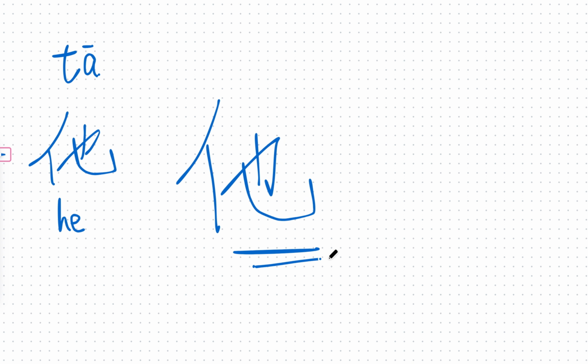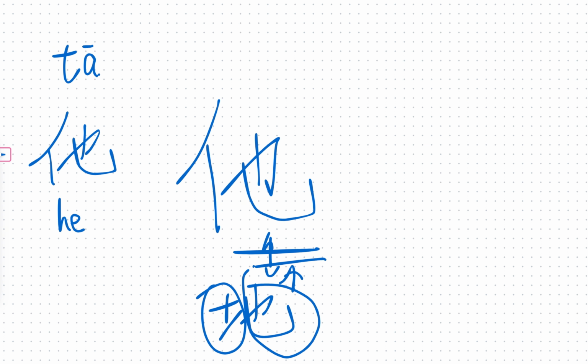You can see this part, the right part is just like the earth ground part. It's the same. These two characters just have different radicals. So first stroke, second stroke, third, 4, 5.